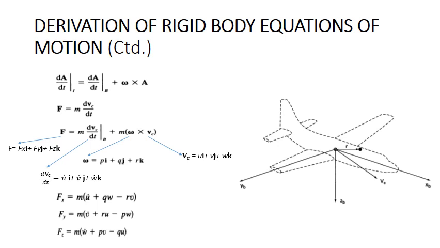This is a system of nonlinear differential equations in the unknown variables u, v, and w, which are the body axis components of the linear velocity vector. The known terms of these equations, which are the inputs to the system, are the forces Fx, Fy, Fz, which are on the left-hand side of these equations.